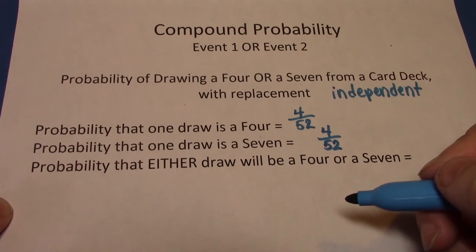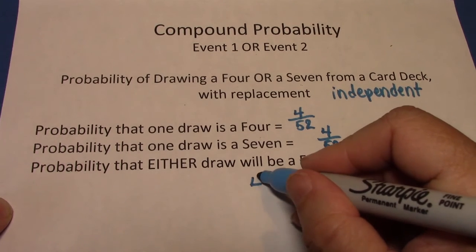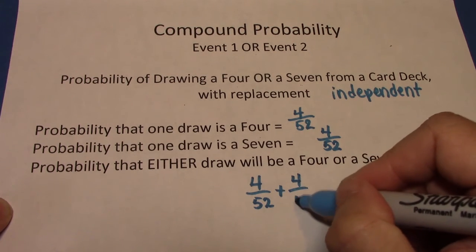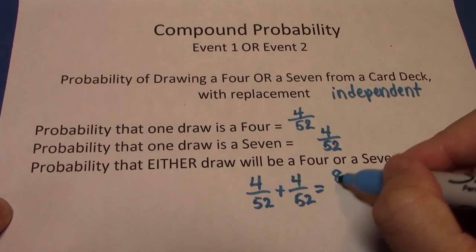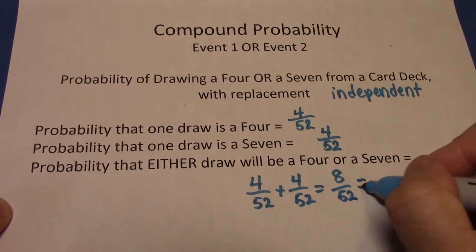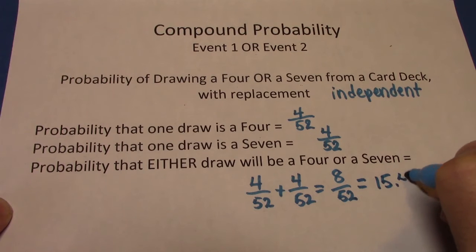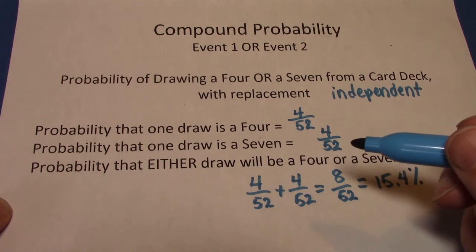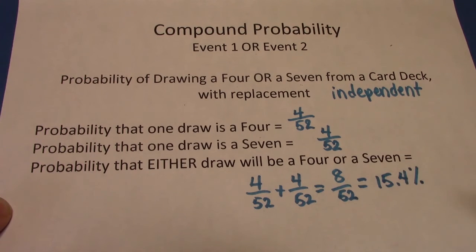When we're doing an OR event, we add them together. 4/52 plus 4/52 equals 8/52. Converting that to a percent, we'd get 15.4%. We don't have to eliminate any overlap because there are no 4s that are also 7s.